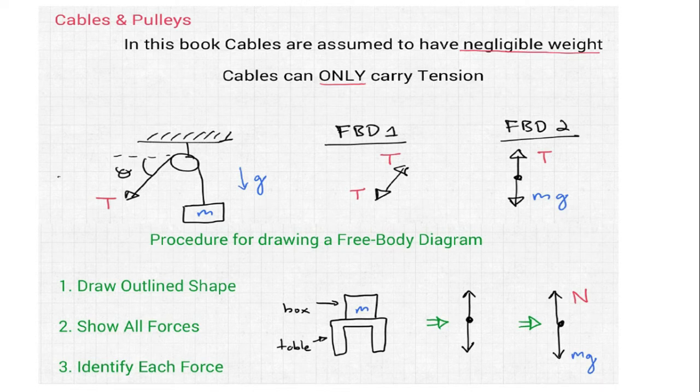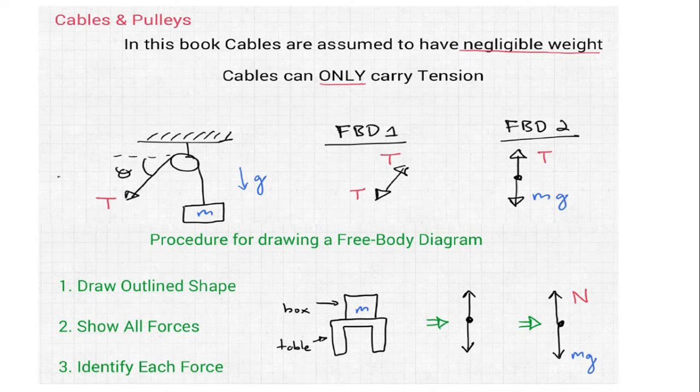So they are moved along by means of pulleys. Pulleys play a very important role in considering how the load and the tension are transferred. The cables on which the loads are being run, we will assume they have negligible weight, even though they have a weight.